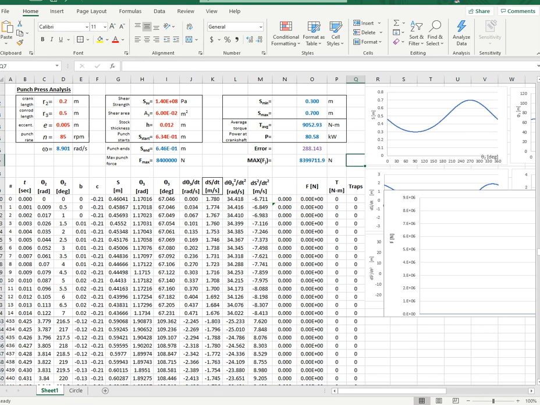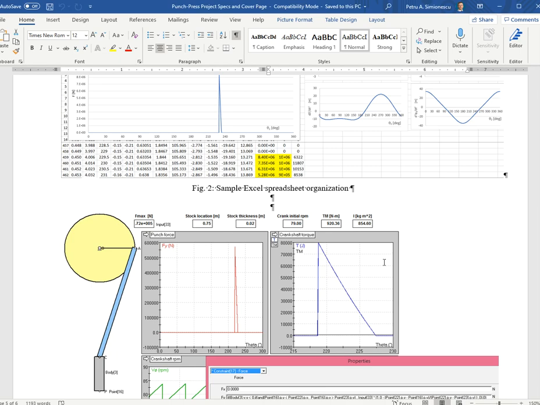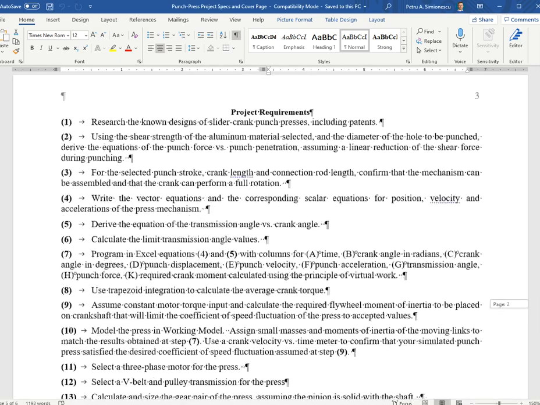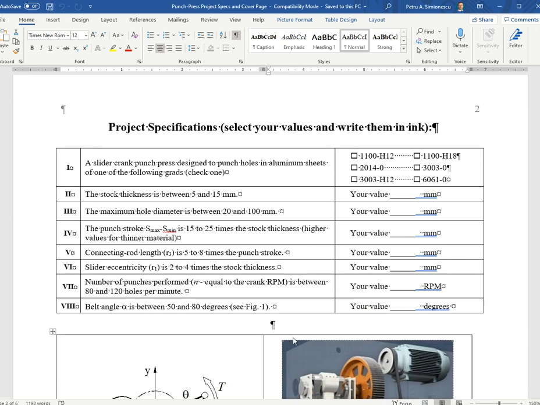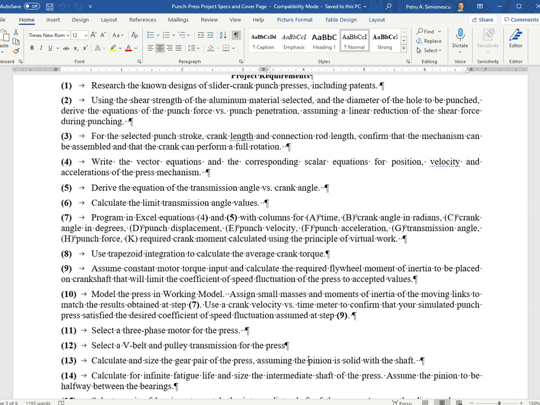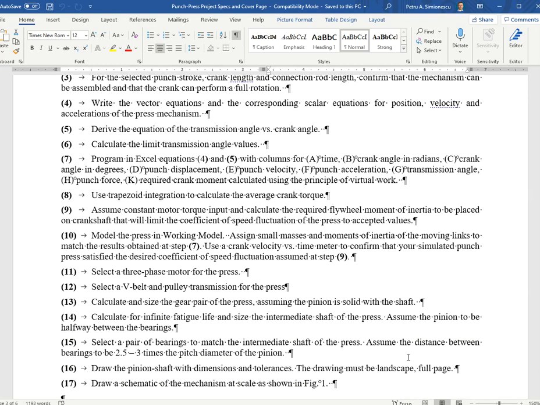In the project specifications, I believe, so no, but I'm making the recommendation now to consider some reasonable efficiency for the belt and for the gear transmission, and of course you would like to have some additional power available from the motor, maybe 40% more.